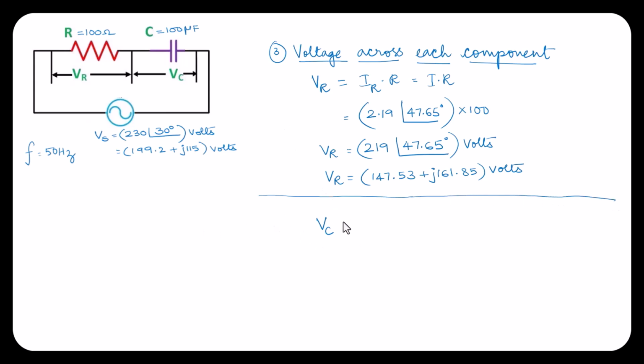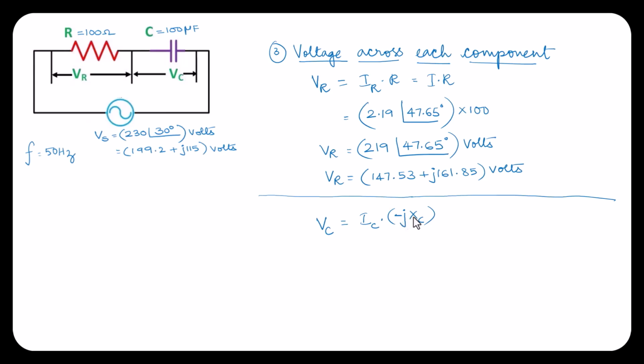Here you should be a bit careful. VC is given by IC into minus JXC. Whenever you are calculating the voltage across a capacitor, you should have a negative sign next to the J term.